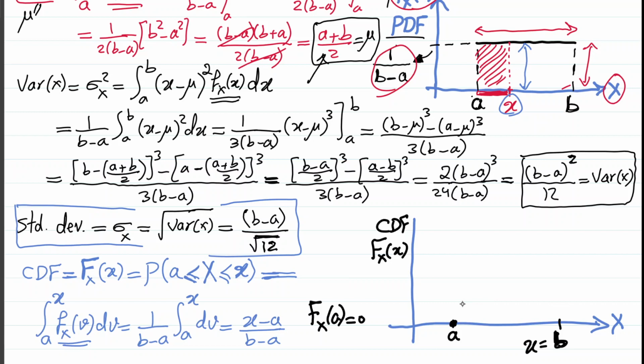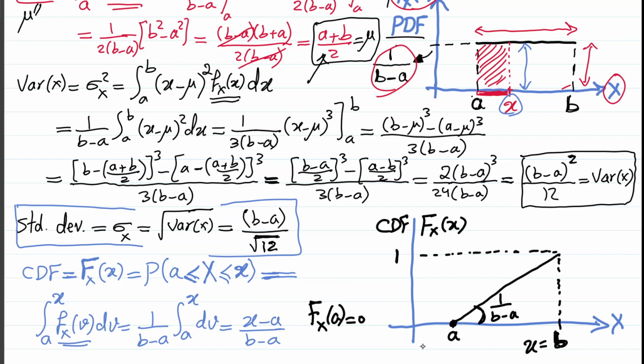So what you expect is that when you hit this point, the line for the CDF should reach the value of 1. Let me just write the CDF here. So this point should get to 1. And the slope, as you can see, is 1 over b minus a.